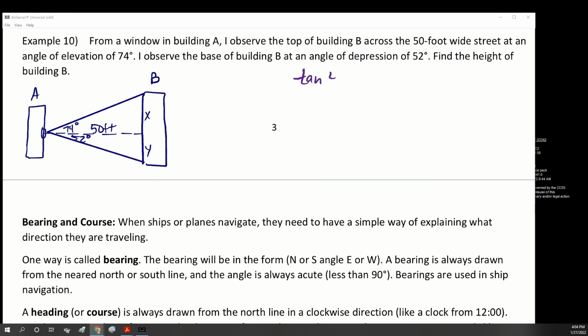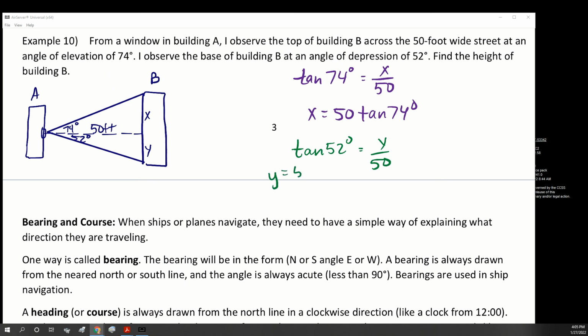Since neither one of them are using the hypotenuse, we're going to do tangent. Right, and then the variable is up high, so you're going to multiply. And then for y, the tangent of 52 degrees is going to be the opposite over the adjacent, and then again, the variable is up high, you're going to multiply.